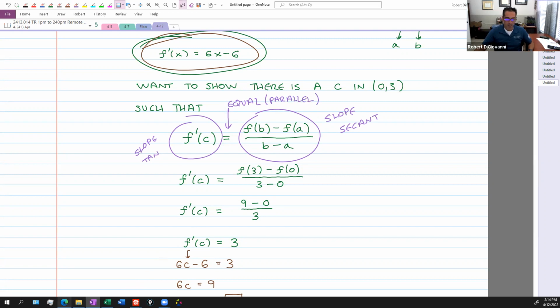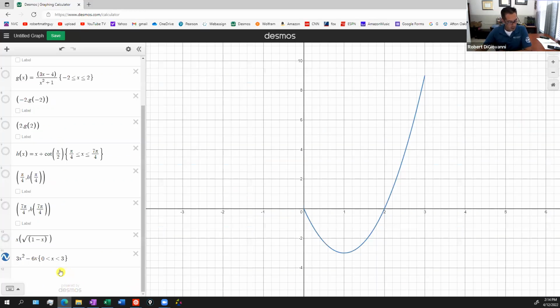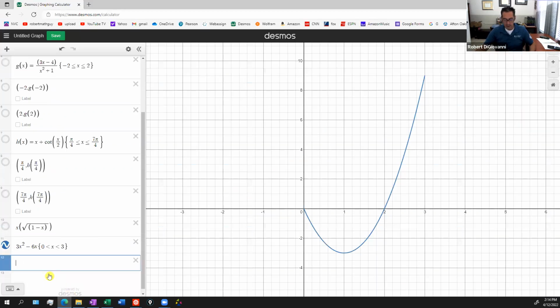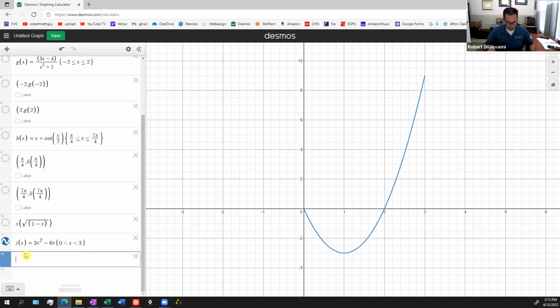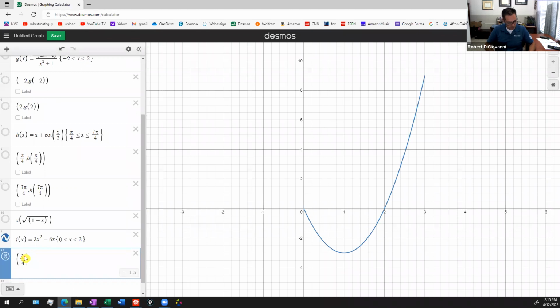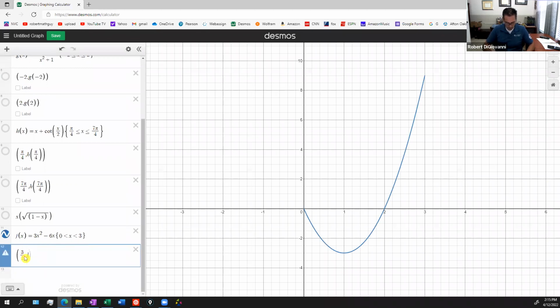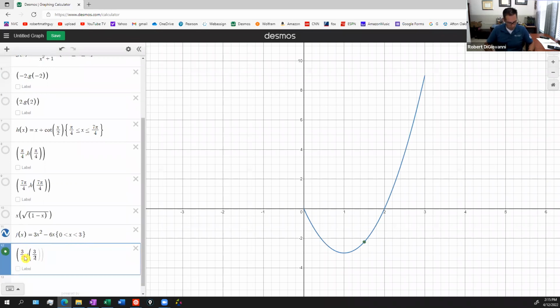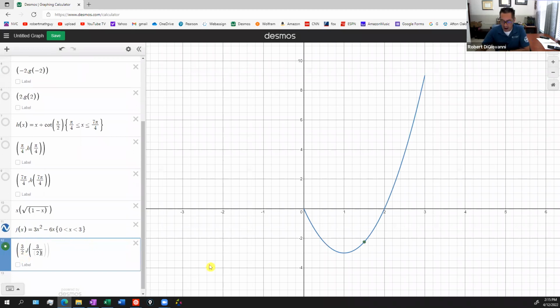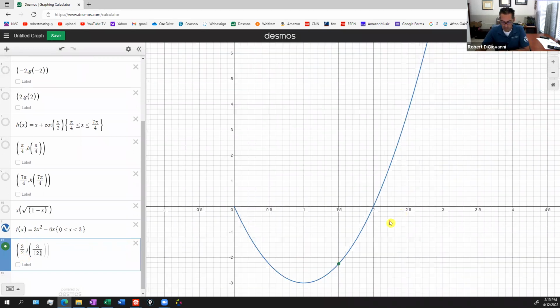Let's verify with the picture. We said it was the point 3/2, right? Let me change something here to make this a little easier for myself. Okay, that's j of x. So I want us to plot the point 3/2, j of 3/2. Okay, there's the point on the graph that we found, right?